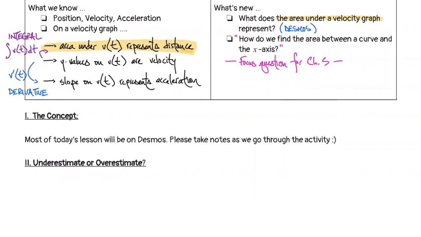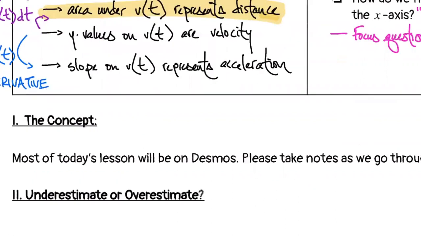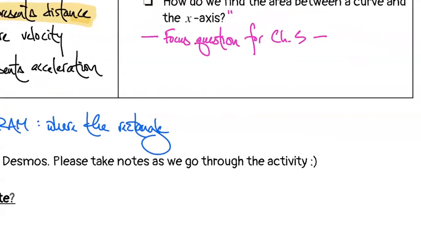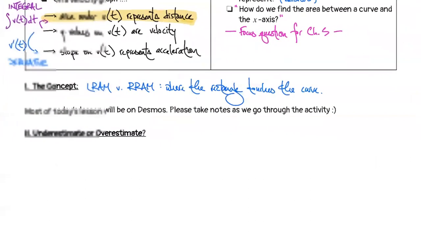So when we're thinking about LRAM and RRAM, we have our left approximation and our right approximation, and all of these talk about where the rectangle touches the curve.